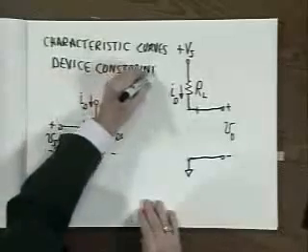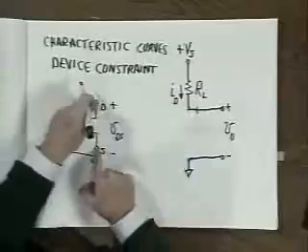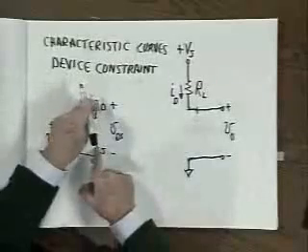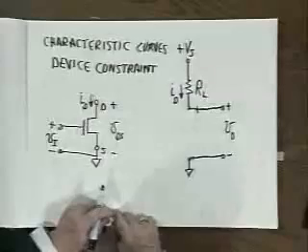For any gate to source voltage, there's a particular current voltage relationship at these terminals, and that's the device constraint.